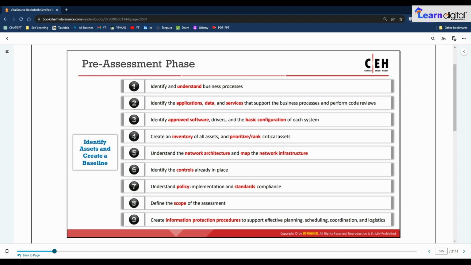Then we can understand the network architecture and map the network infrastructure as well. Then we need to identify the controls already in place. Then we can understand policy implementation and standards compliance, define the scope of the assessments, and lastly, create the information protection procedures to support effective planning, scheduling, coordination, and logistics.